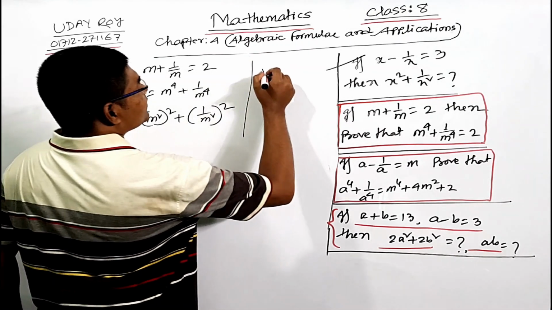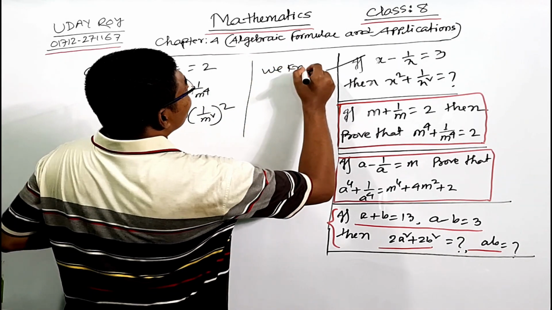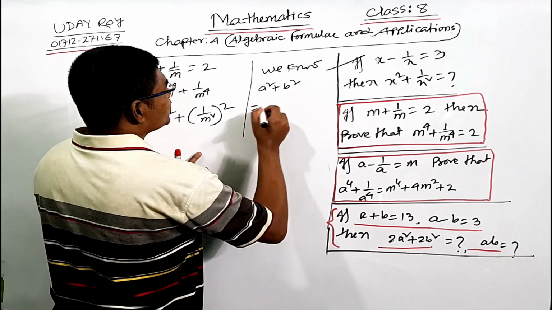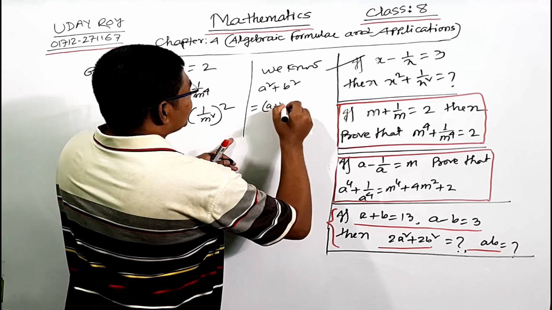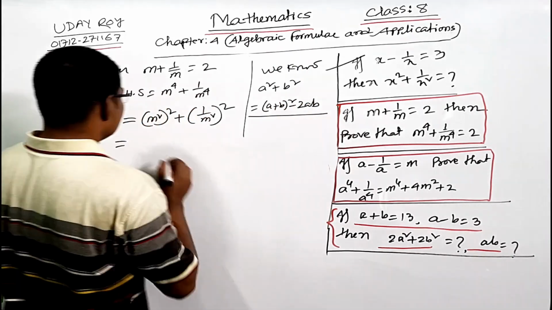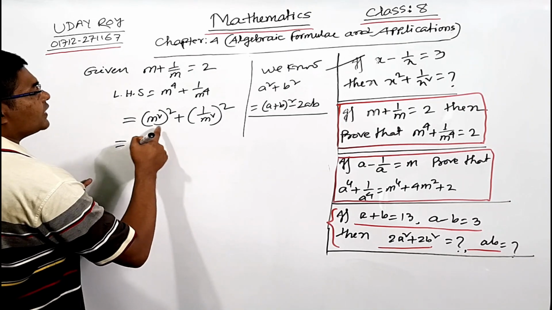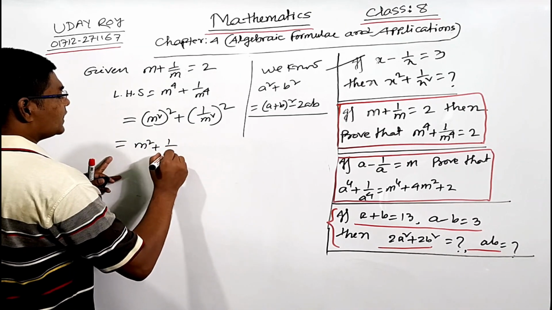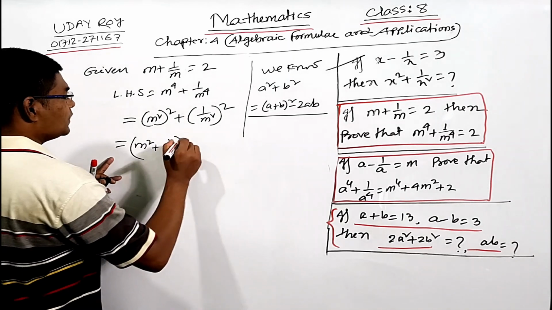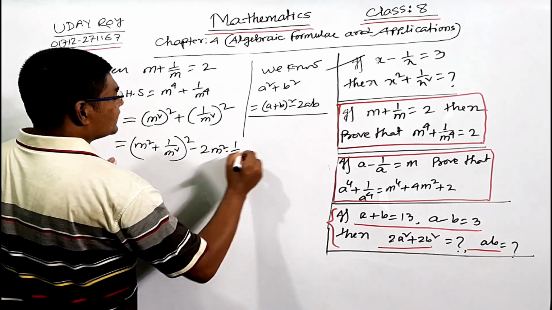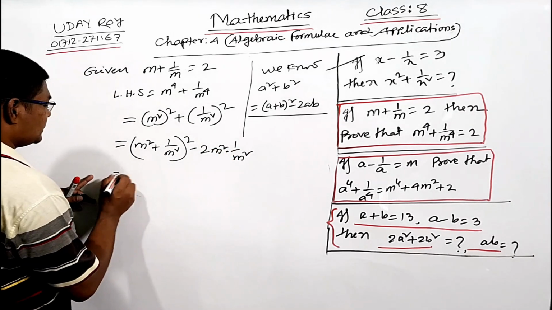If you are interested, you can write. We know a square plus b square equal to a plus b whole square minus twice ab. So easily we can find out a square plus b square equal to a plus b whole square minus twice ab.